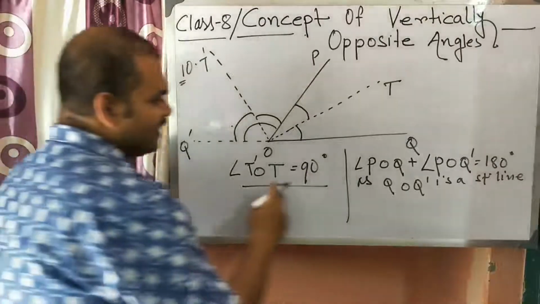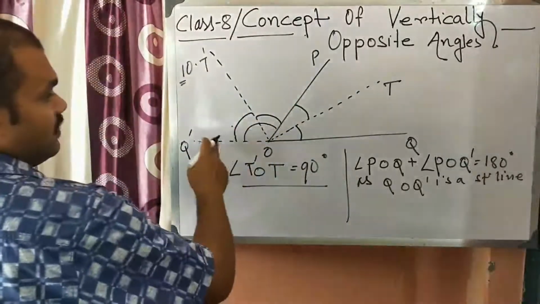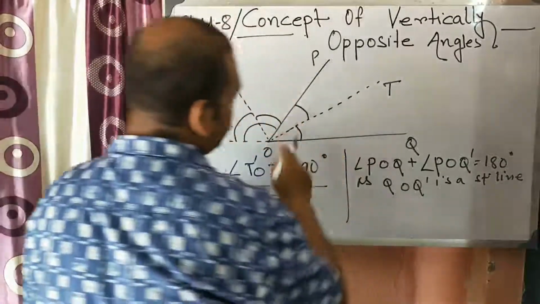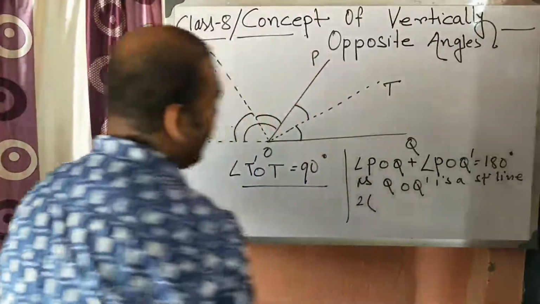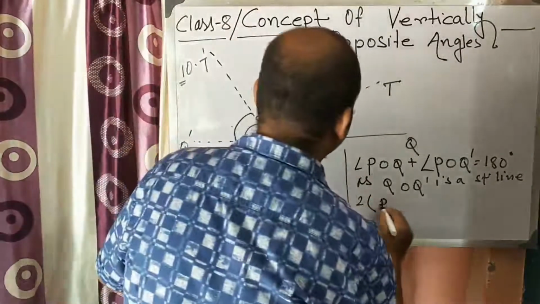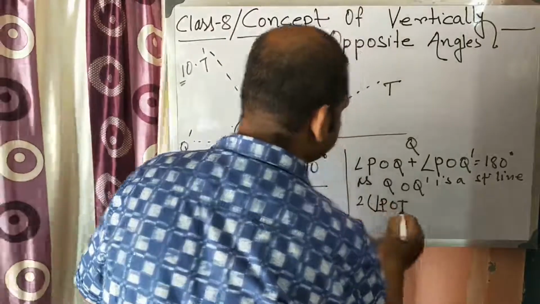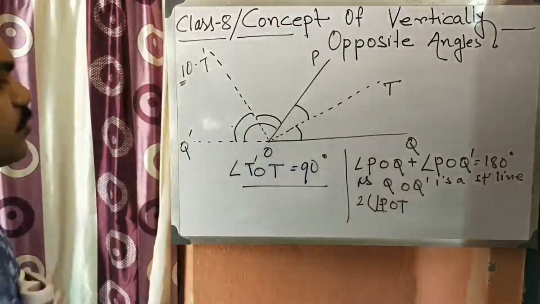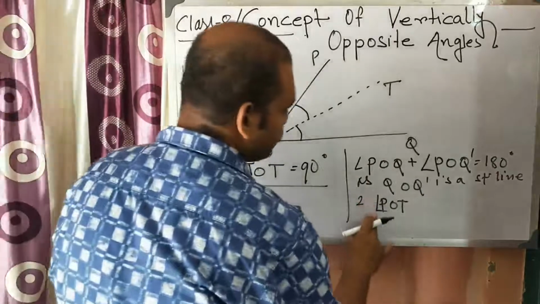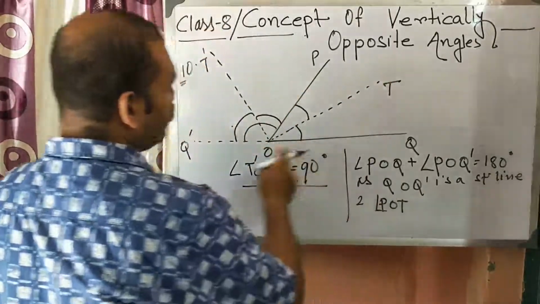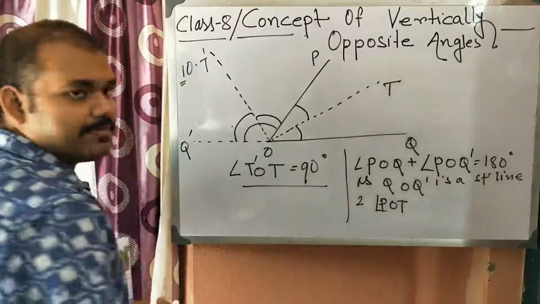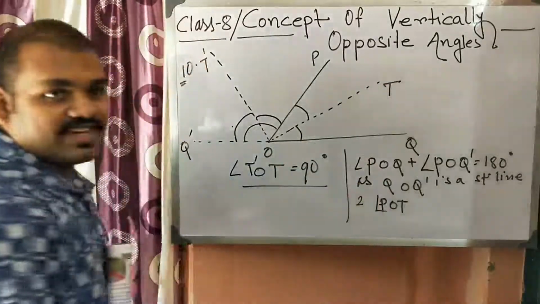And another thing, POQ can be written as 2 of angle POT. Can or not? Yes, because POT and TOQ are the same, because OT is the bisector.